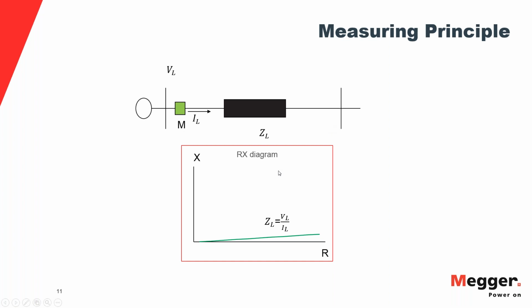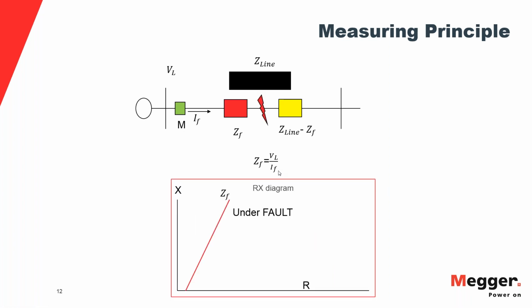And at the time of the fault, you have something that changes that behavior. Why does the behavior change? Because when we cut the line in here, because there is a fault, we essentially make this voltage zero, or as close to zero as can be. Then the impedance that's being measured from this point will be only the impedance of the line.